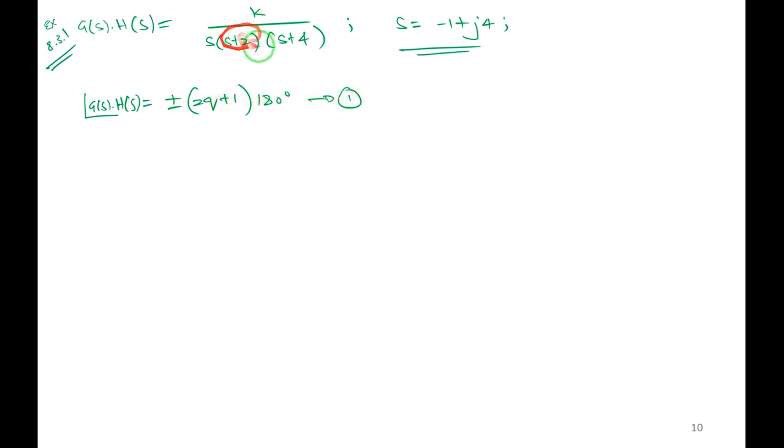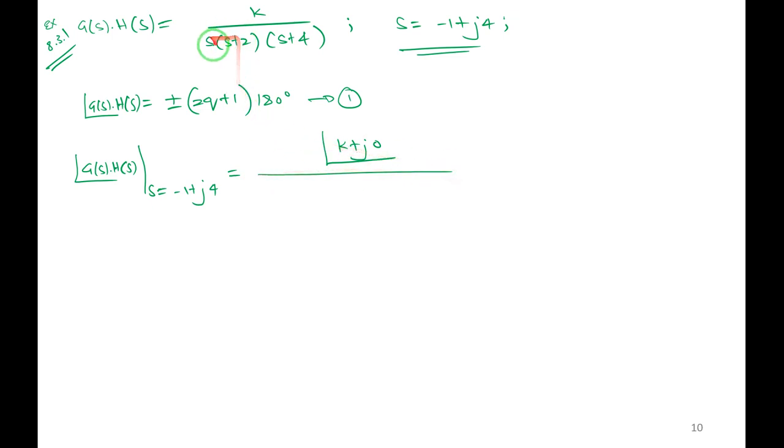So we will apply the angle for this. Angle of g of s into h of s at the point s equal to minus 1 plus j4. For the numerator, angle of k plus j0, divided by angle of s, where s is minus 1 plus j4, so angle of minus 1 plus j4.